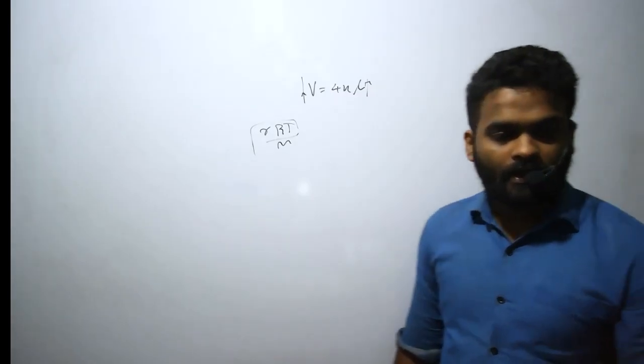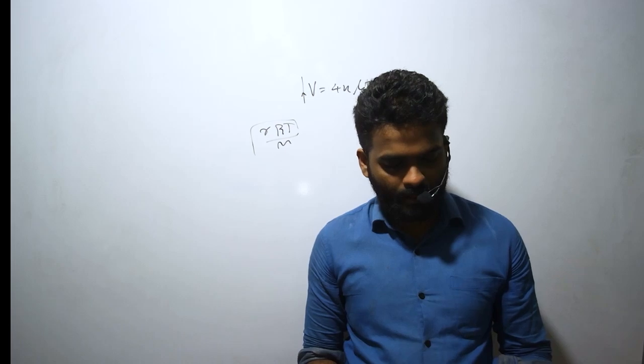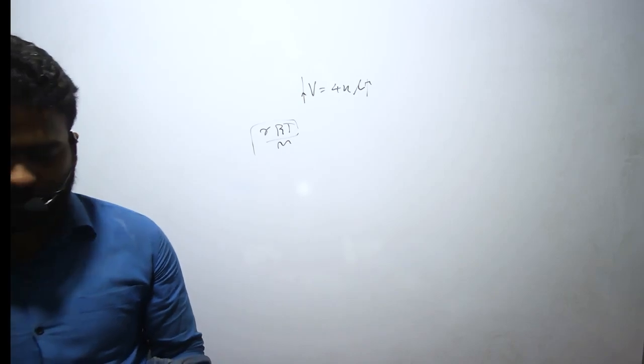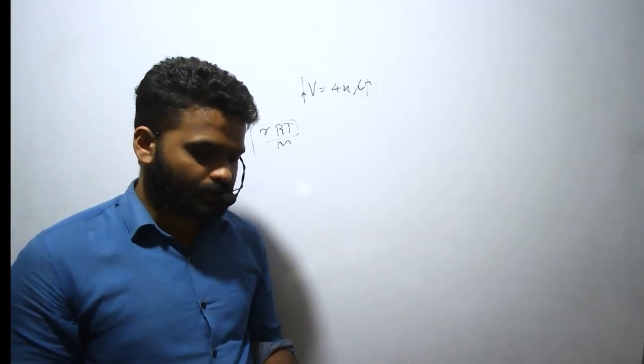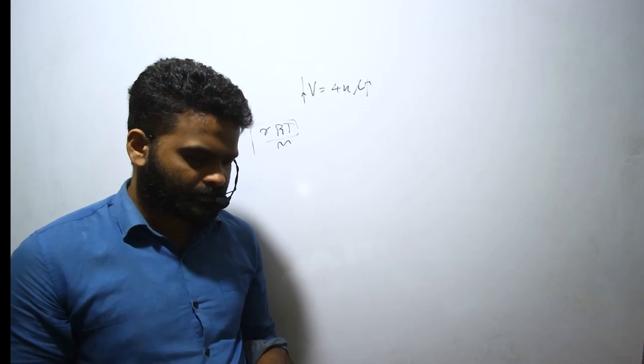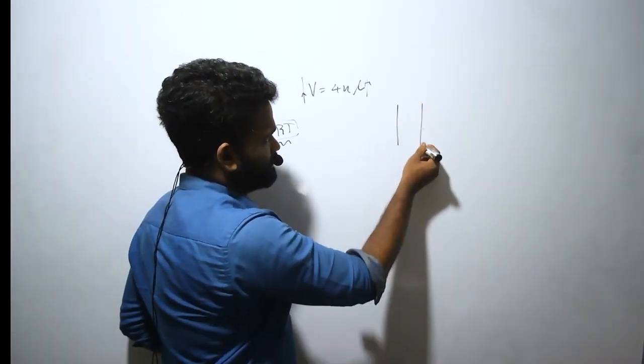Then simple G. For accurate calculations, an end correction has to be introduced only to the open end of the tube and not to the closed end. So what they say is obvious, right?